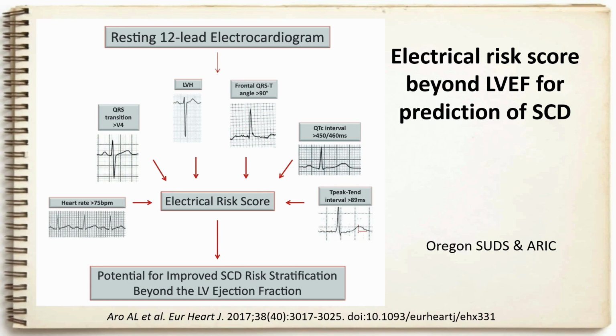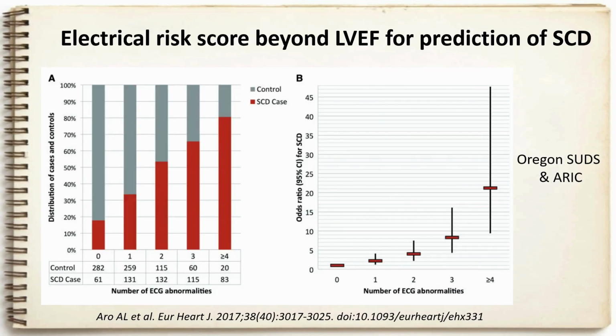And you see that all these parameters which I have just mentioned are added into a single score. The data were taken from the Oregon Sudden Unexpected Death study and from the ARIC study. And the more of these parameters the patient collects, the higher is certainly the odds ratio for sudden cardiac death.